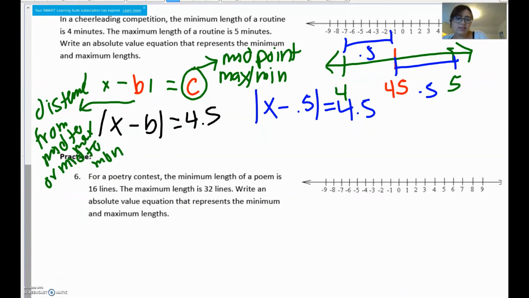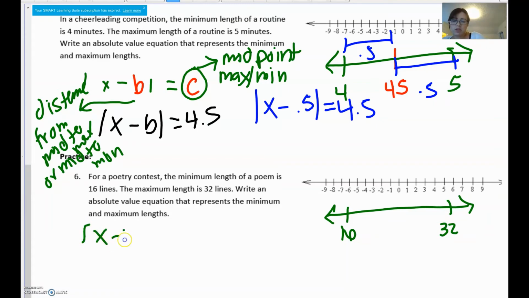So for your practice example, you have a minimum of 16 lines and a maximum of 32 lines. You just have to remember that we need to find B and C, where C is the midpoint and B is the distance between the ends and the midpoint.